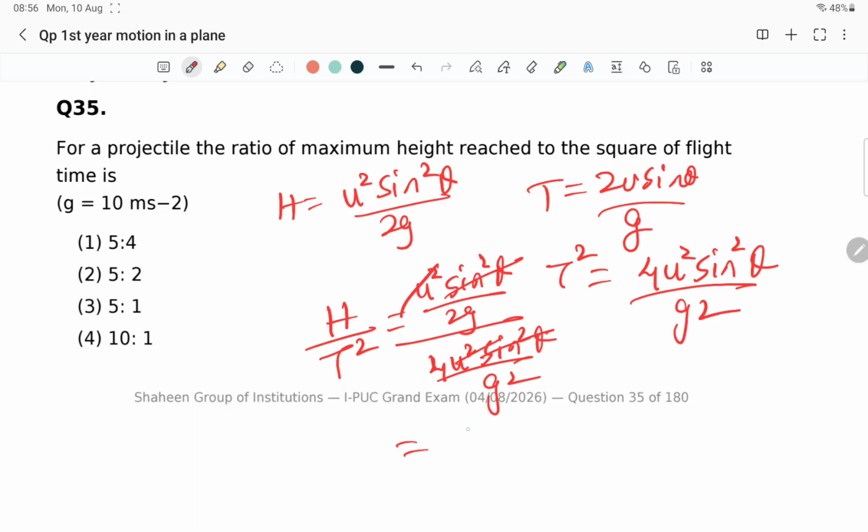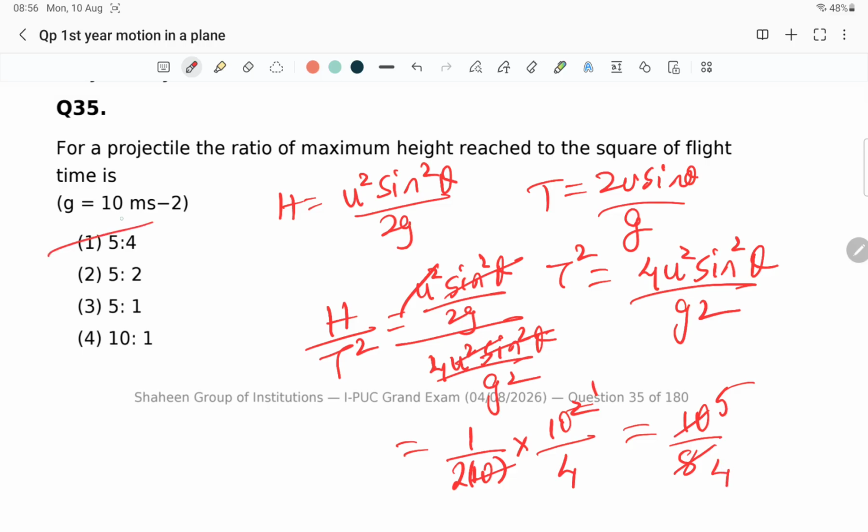You get 1 on top, 2 into 10 for g, and we invert the other, g square is 10 square by 4, correct? So 10 gets cancelled, you get 10 by 2 4s are 8, 10 by 8, so you get 5 is to 4 is the answer. Okay, so I hope this is easy. You can make a note, we'll move forward.